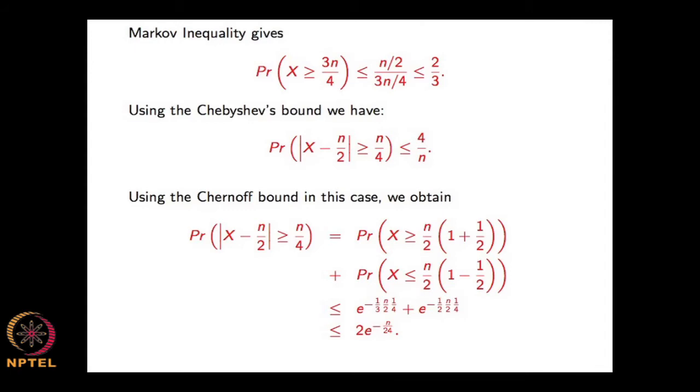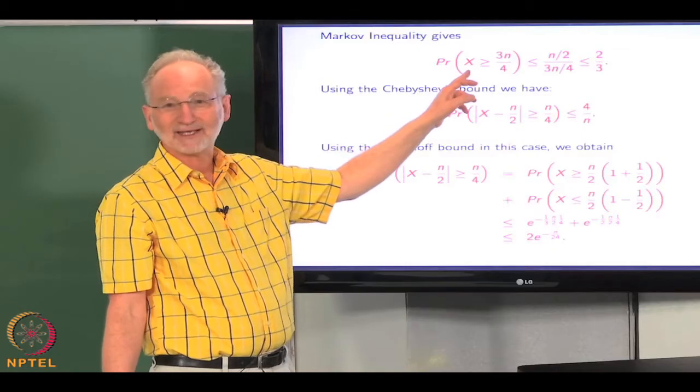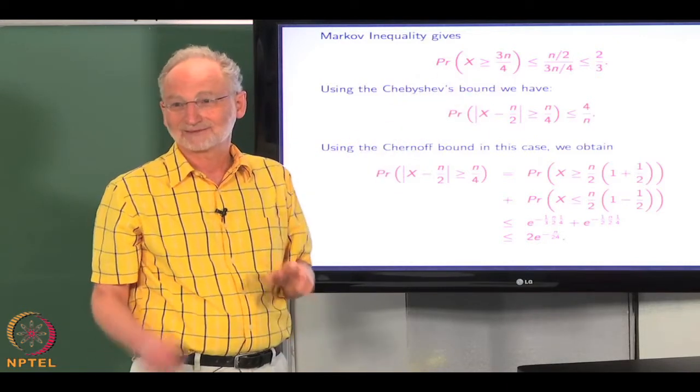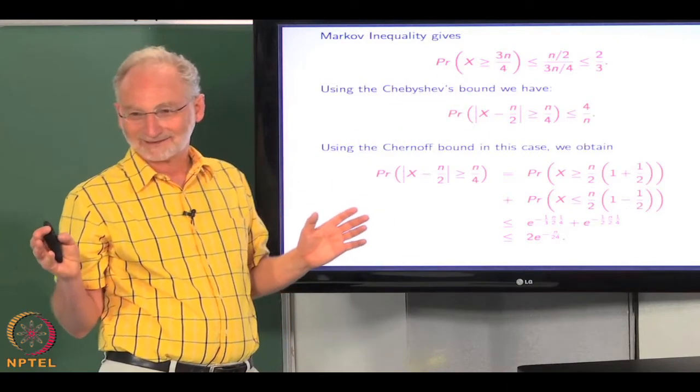So now let's do this comparison between the 3 bounds. In order to get any strong result with a weak bound, we have to ask a much, much weaker question. So let's ask, what's the probability that when I flip a coin n times, I get 3/4 heads? That's really unlikely.